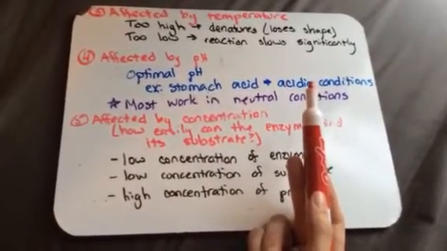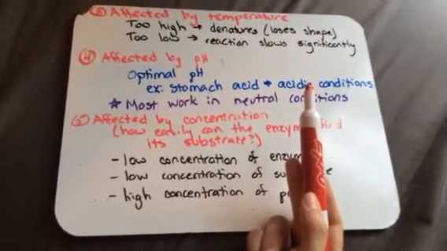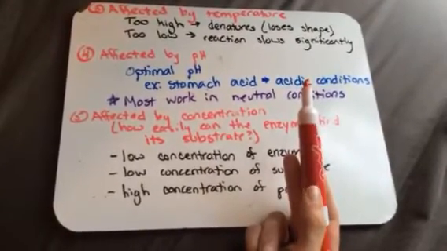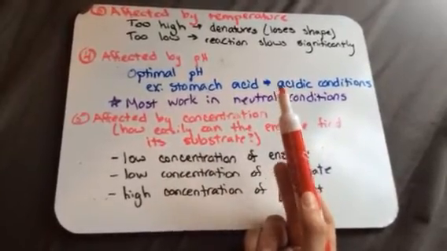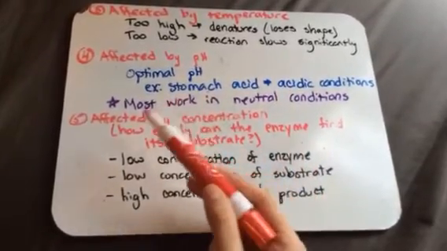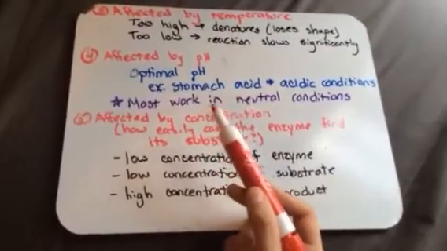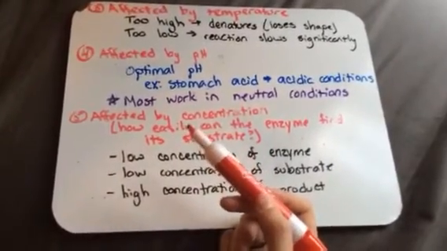Now, if there are some other enzymes in there, they're probably not going to work very well if they normally work in neutral conditions. And most of your enzymes work in neutral conditions.